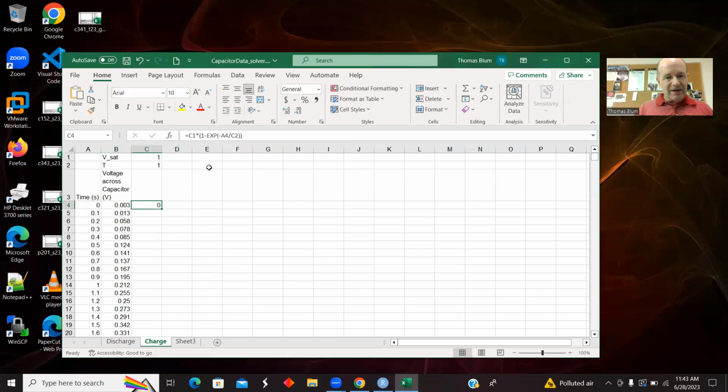Then I'm going to come back. There are ways to do this while you're typing, but I can never remember them. So I just usually come back. I'm going to put dollar signs in my parameters. My variable I want to vary, so I don't put any dollar signs there, so that when I copy the formula down, it will change.